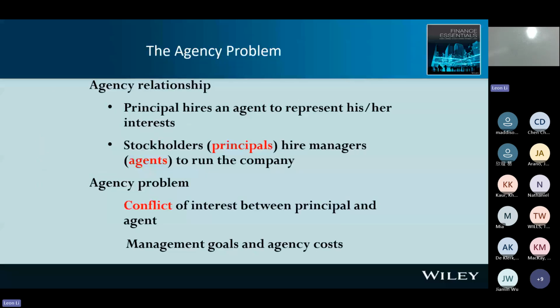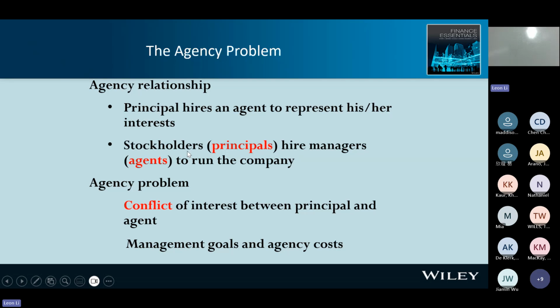So what's the agency problem? The agency problem is due to the separation of owner and manager. So for the company, you can see the separation of owner and manager, right? The owners are the principals. The principal hires an agent, that means a manager, to represent his or her interests.